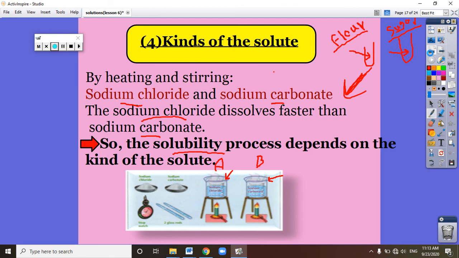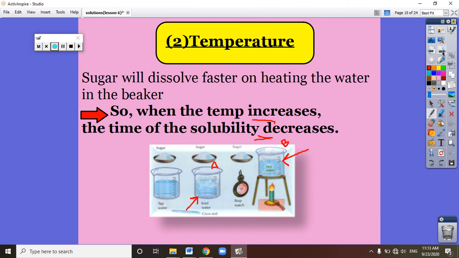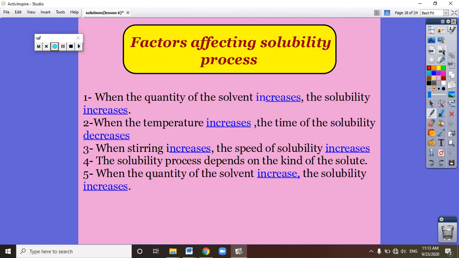So we take today the factors that affect the solubility process. Okay, and we take four factors: quantity of solvent, stirring, temperature, and the kind of the solid.